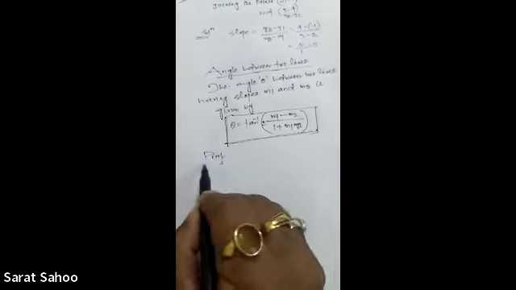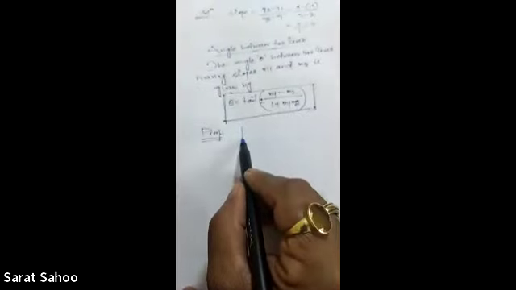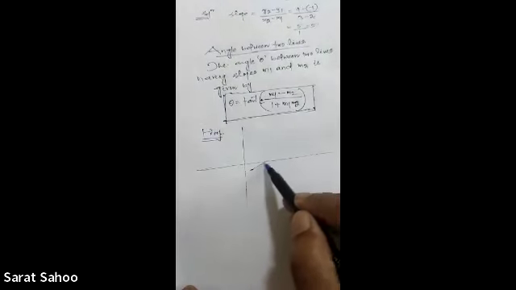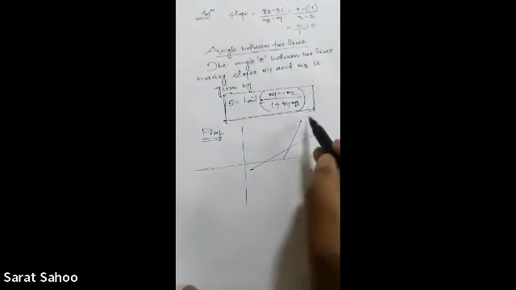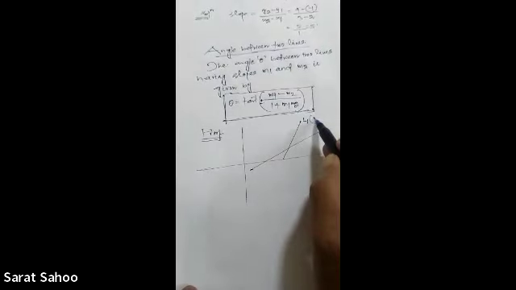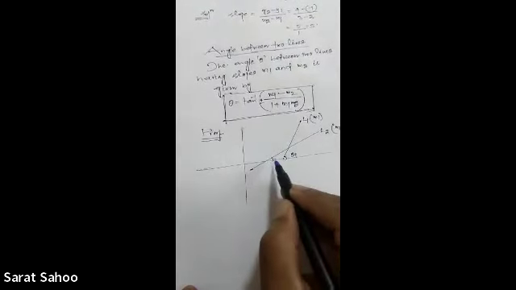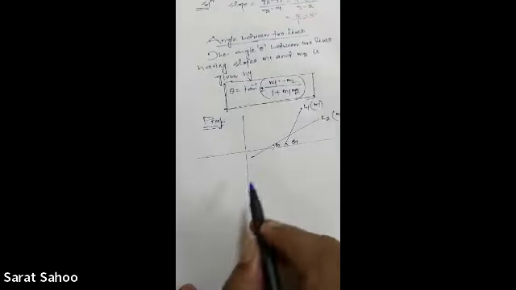Come to the proof. This is suppose line L1. This is line L2. Let slope of line L1 be M1 and slope of line L2 be M2. Let θ1 and θ2 be the inclinations of the lines L1 and L2 respectively.